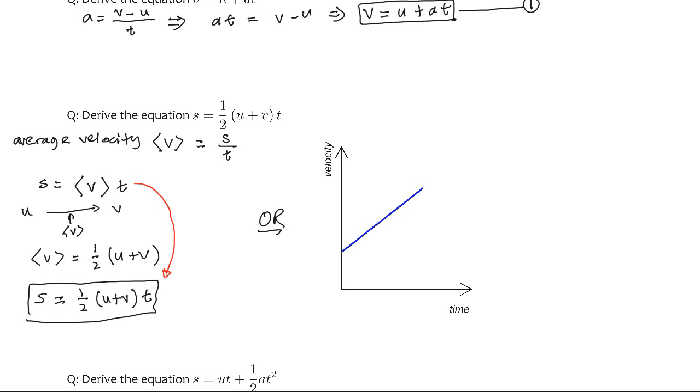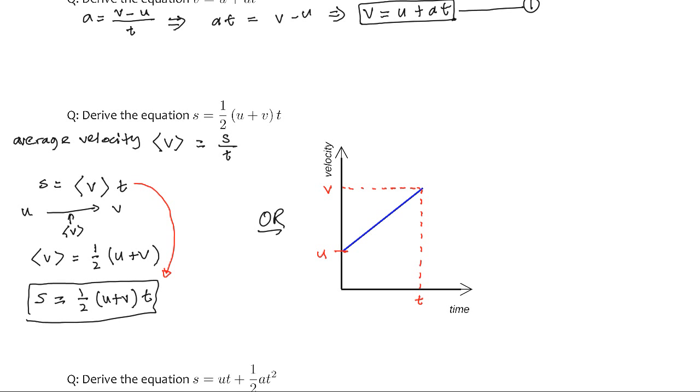And the final velocity of the object, I can mark that as v. And the time taken for the object to go from this initial velocity to the final velocity is t.